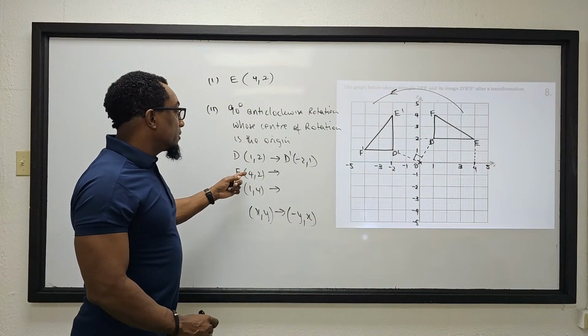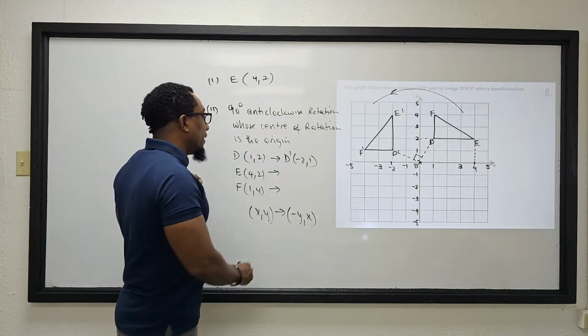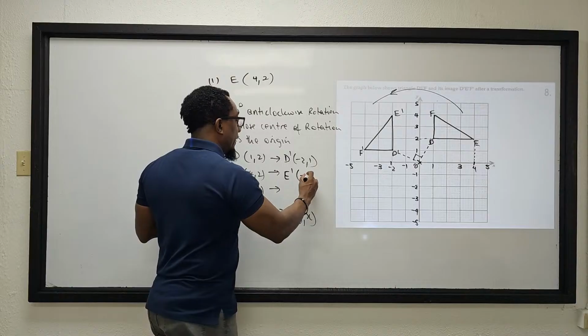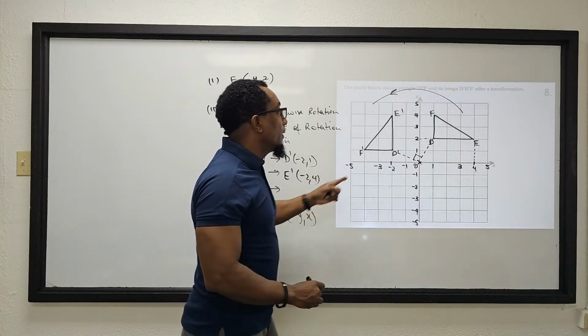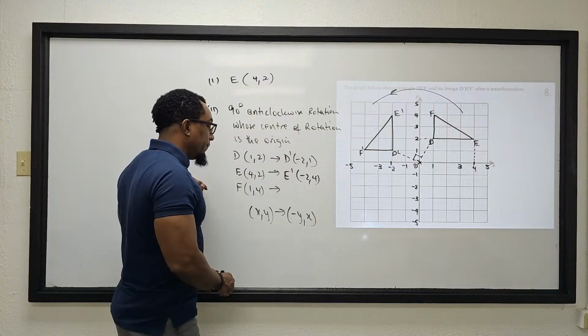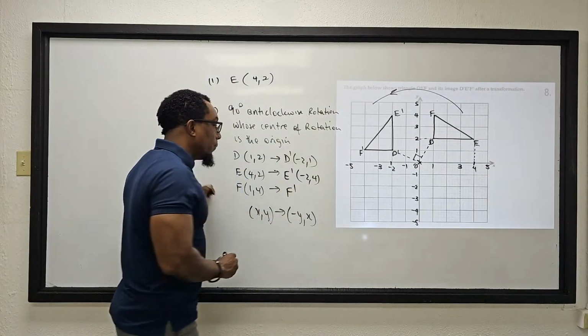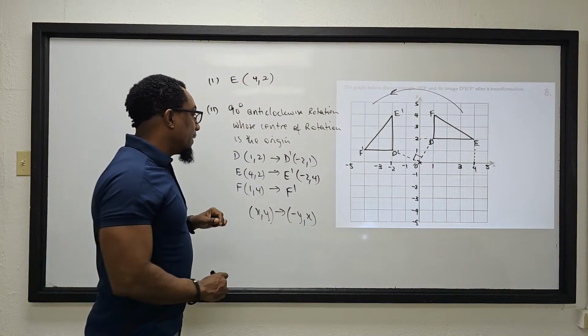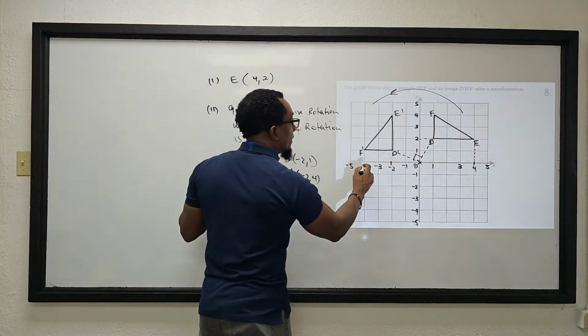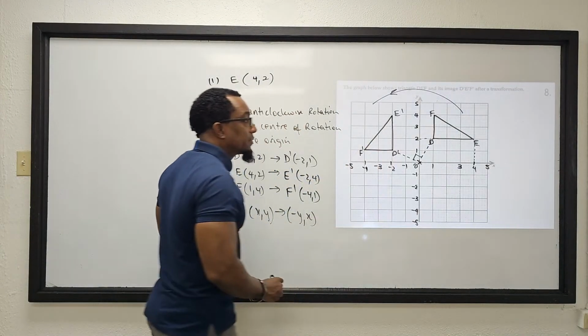Let's take E. E is (4, 2), so E prime will be (negative 2, 4). Let's check it out. Yes, correct. And F, which is (1, 4), F prime will be (negative 4, 1). Yes, correct.